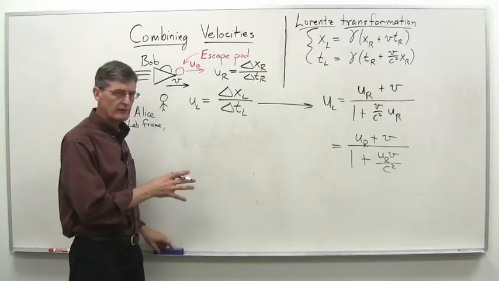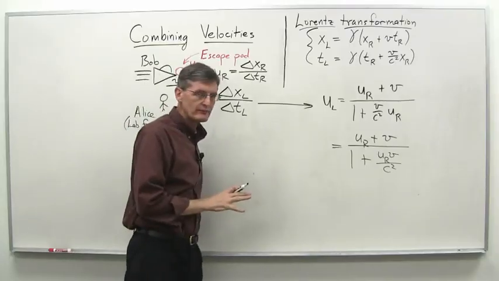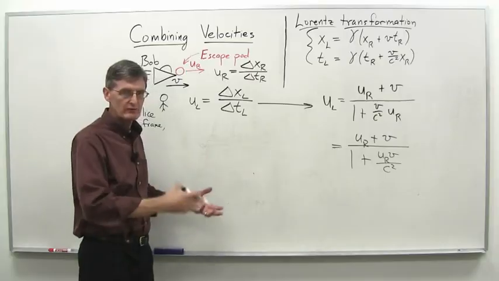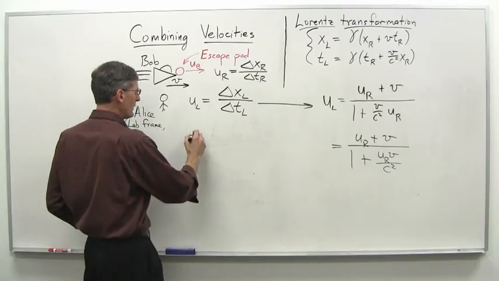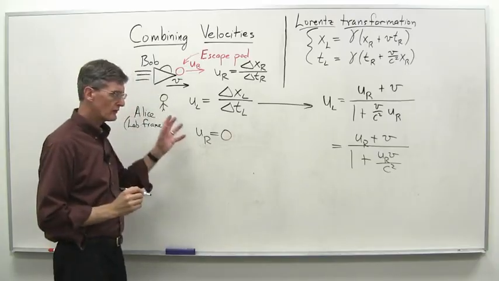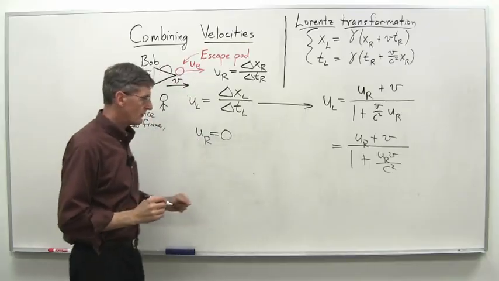Now let's look at a couple other things too, though. So that's good news. If we didn't get that, something would have been wrong, because we know in our everyday experience the Galilean transformation, addition of velocities, works. Let's also look at the case, what if u sub r equals 0? It's always good, as we've done before, to just try some simple numbers in here and see what happens.